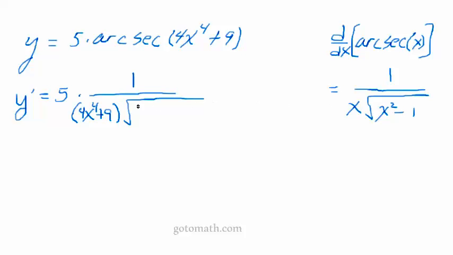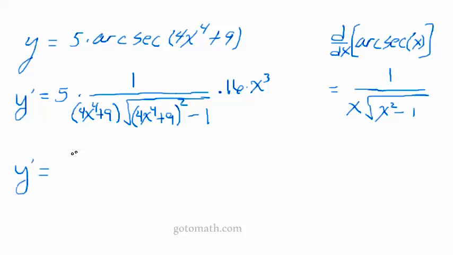And then we have to rewrite that again: 4x to the fourth plus 9, quantity squared, minus 1, times the derivative of what's in parentheses. So 4 times 4 is 16, and then that becomes x to the third power.